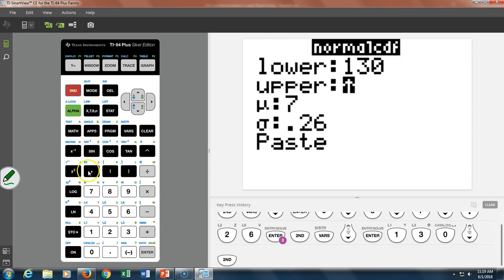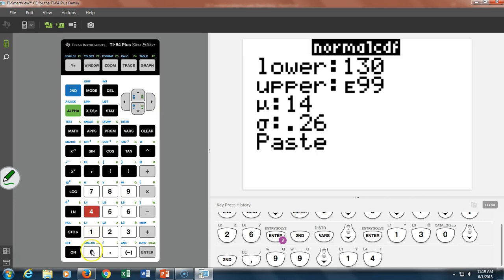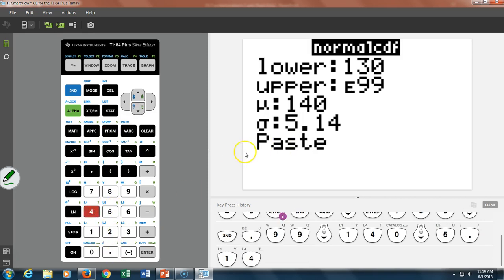I want the EE button here, so I did second, and then I just will type in 99, and this means 10 to the 99th power. Let's see, our mean, now we're not going back to the original mean, we're using the one we just calculated. That mean is 140, and the standard deviation that we just calculated was, sorry, I suddenly lost my place. Oh, it's 5.14. All right, let's get the answer.